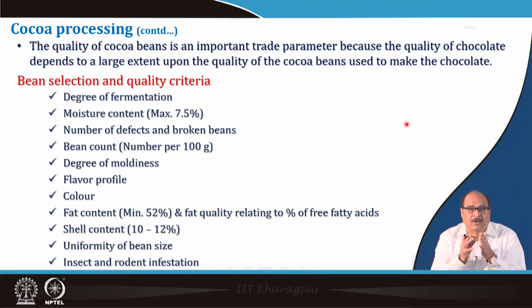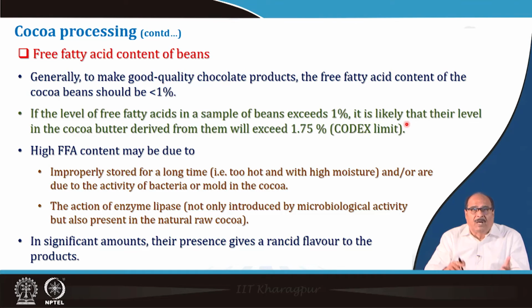The bean selection and quality criteria may vary depending upon local conditions, but in general: the degree of fermentation, the moisture content, as I told you, maximum may be 7.5 to 8%, number of defects and broken beans, bean count, that is how many beans are there per 100 gram, degree of moldiness, flavor profile, color, fat content, that is minimum fat should be around 52%, the fatty acid profile, free fatty acids content, cell content, uniformity of bean size, insect and rodent infestation, etc. So, these are the criteria for the selection of the beans for chocolate manufacturing.